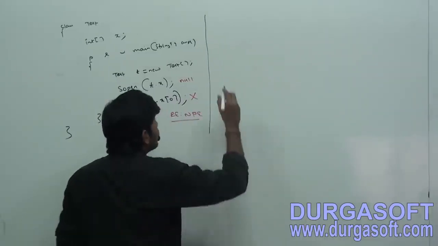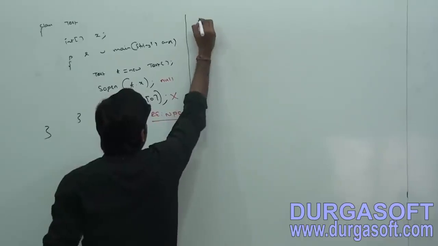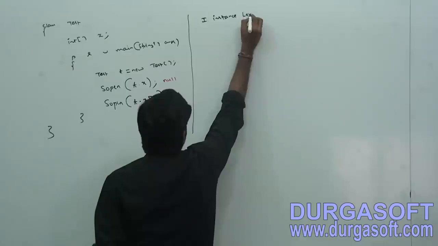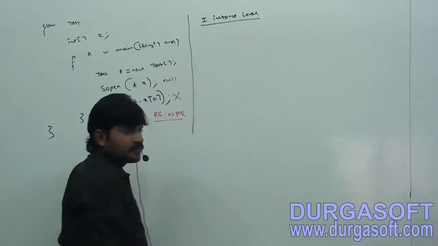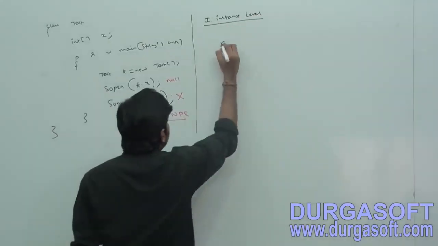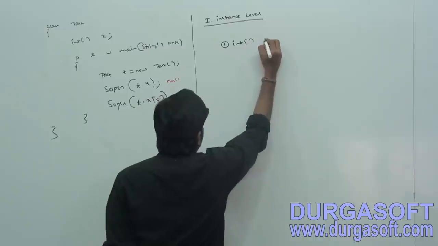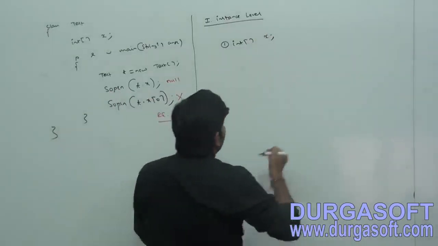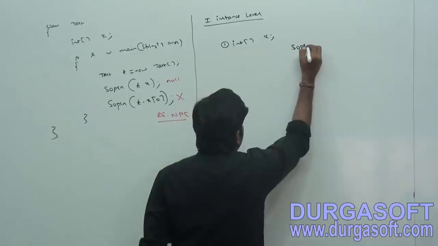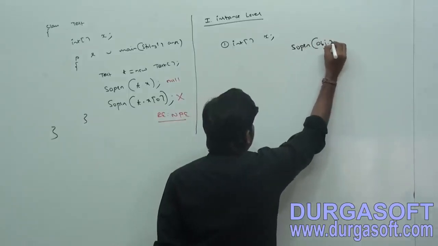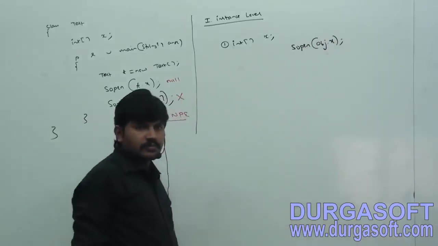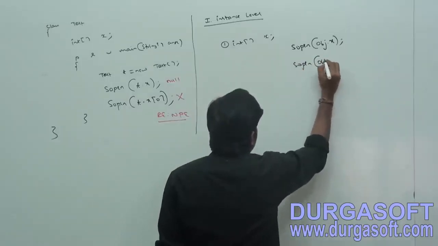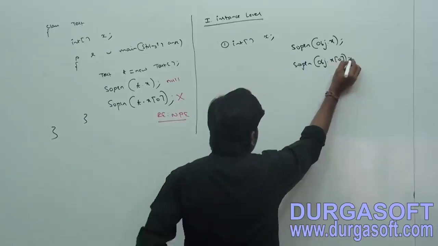Sir, now observe. If it is instance level, I am taking instance level, just I declare an array, int array x at instance level. Now System.out.println object reference dot x, and System.out.println object reference dot x of 0.